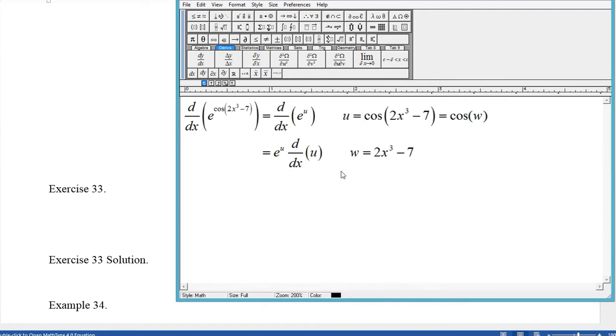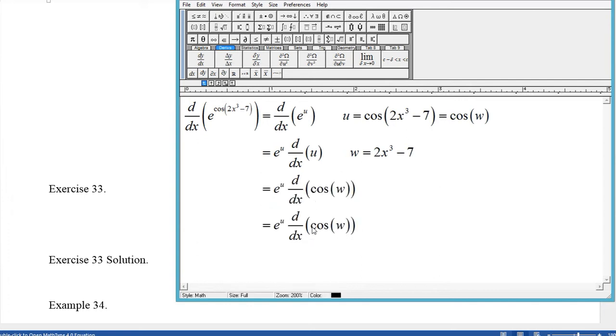Okay, so this is, well, it's this, but u is cosine of w. Oh, okay, we know how to do that, right?